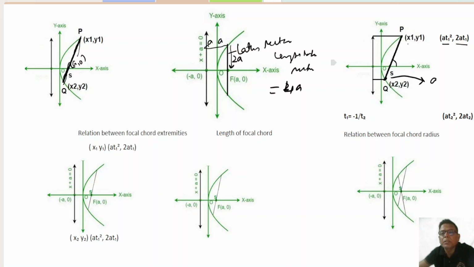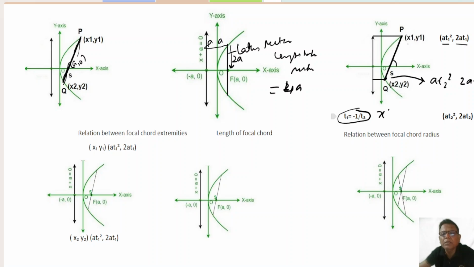Suppose (a t2 square, 2a t2). Then t1 will be equal to minus 1 by t2. So this is the relation between the extremities.